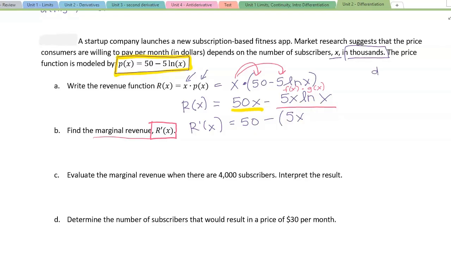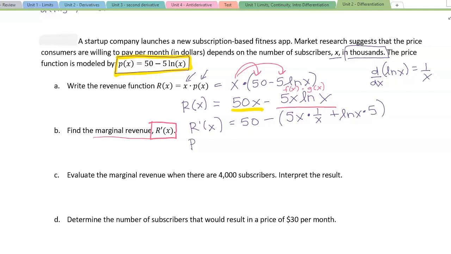Just a reminder, the derivative of natural log of X is 1 over X. So this is going to be times 1 over X, plus the second, which is natural log X, times the derivative of the first, which is 5.